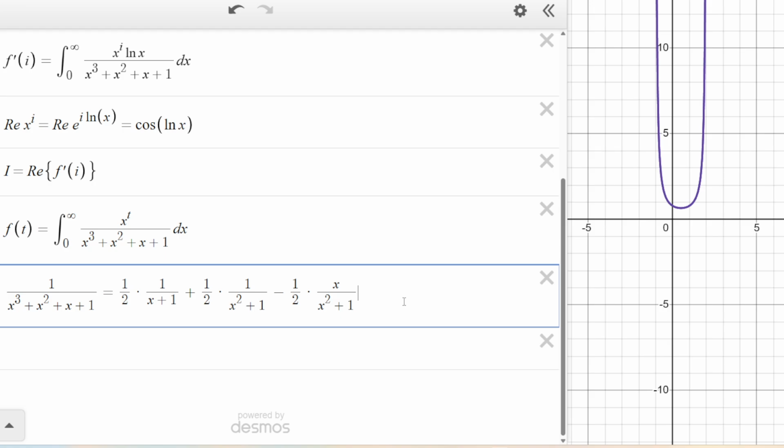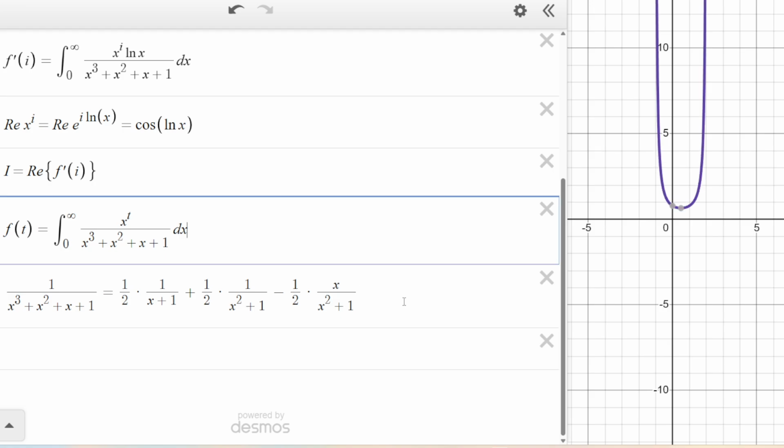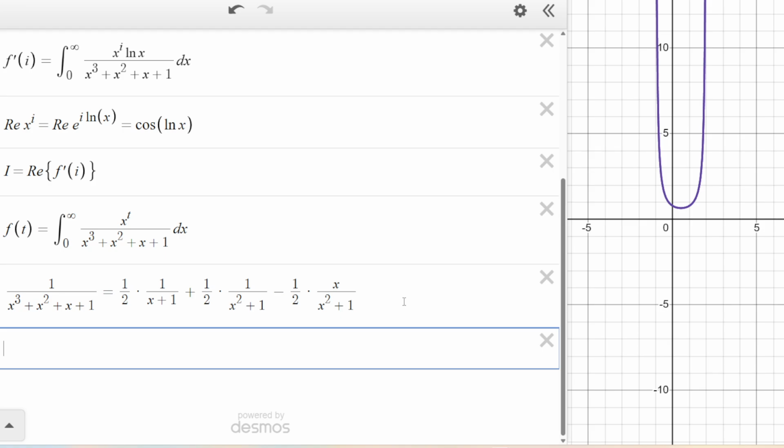Okay, what are we doing now? Well, let's rewrite our f of t. We're actually going to have three separate integrals.